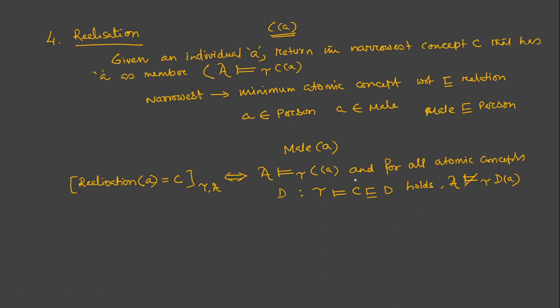So basically you are trying to find C to be the result of realization of a instead of choosing D, because C is a narrower concept than D, right?